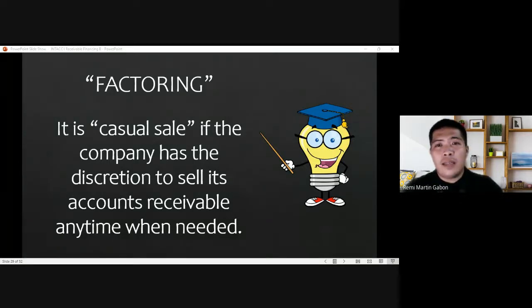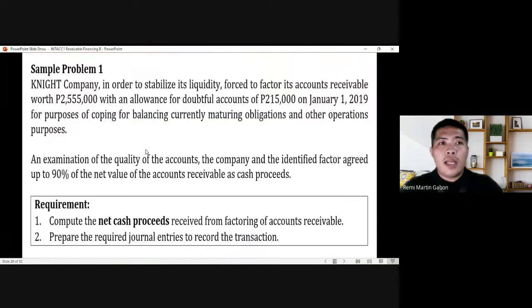When I need it, when I need additional cash flows, then I will use my accounts receivable to generate cash flows. Parang yun lang. It is on my part or on the part of the company. Okay? However, continuing agreement is different. So for casual sale, let us have this problem.